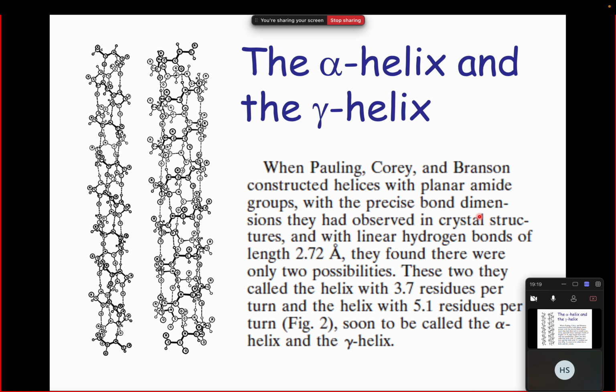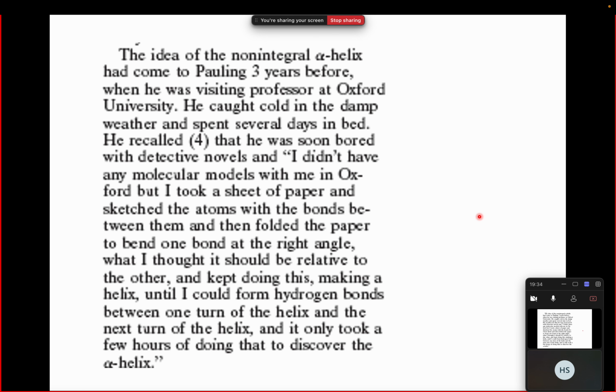That macro structure which Pauling and Branson found was this. They came up with two types of helices called alpha helix and gamma helix. So alpha helix has 3.7 residues per turn and gamma helix has 5.1 residues per turn.